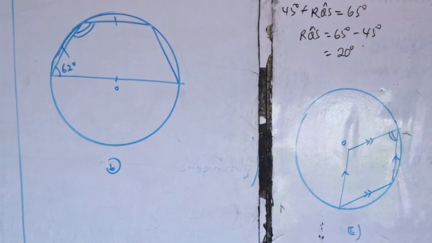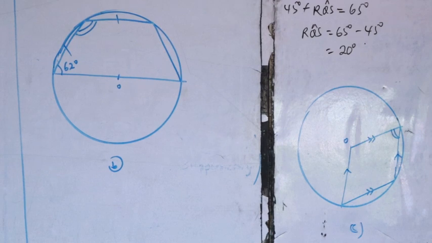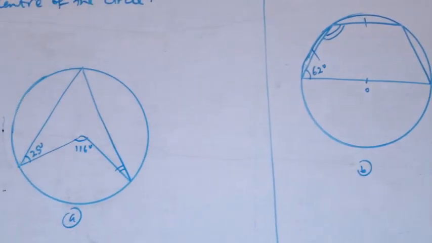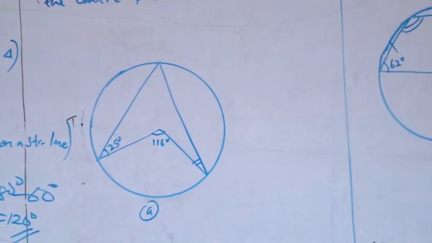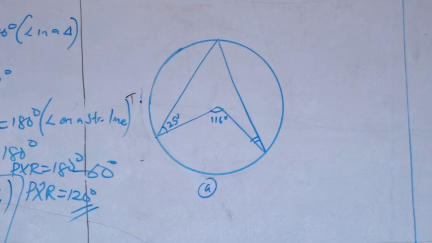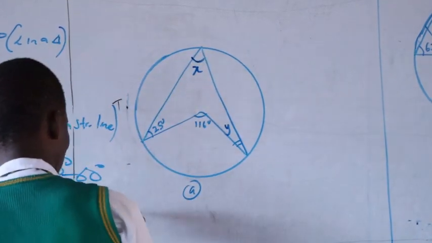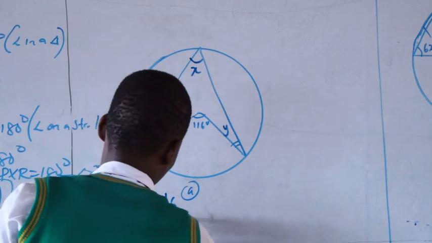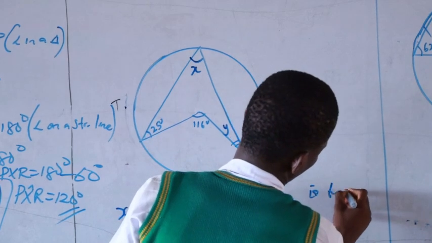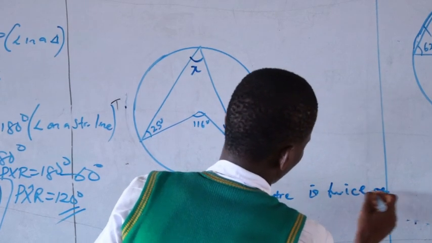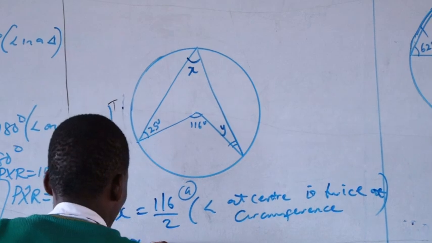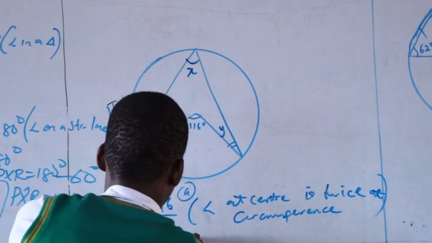Angle at center twice angle at circumference. That's 58.